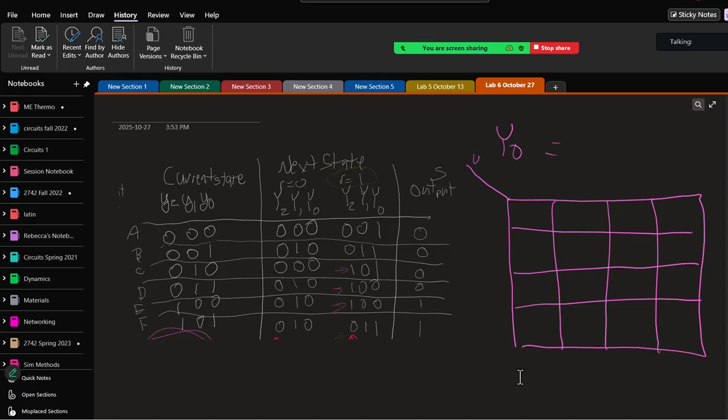So y2, y1, y0, r, and the Gray code ordering 0, 0, 0, 1, 1, 1, 1, 0, 0, 0, 0, 1, 1, 1, 1, 0. And now we're looking at y0.